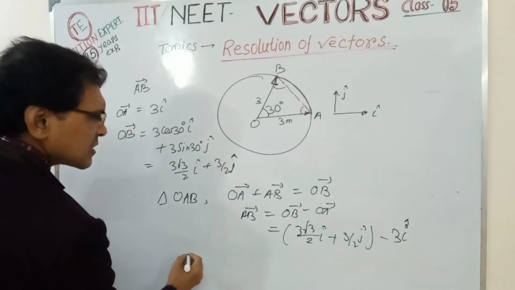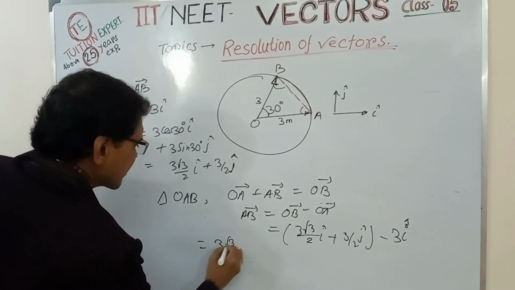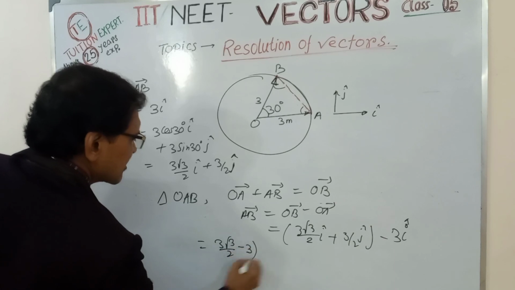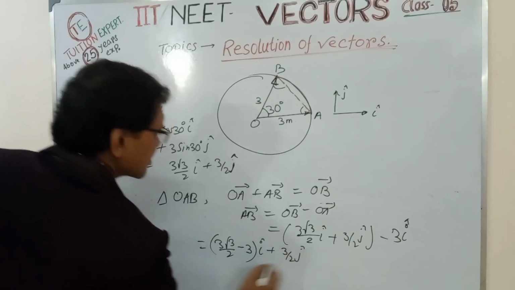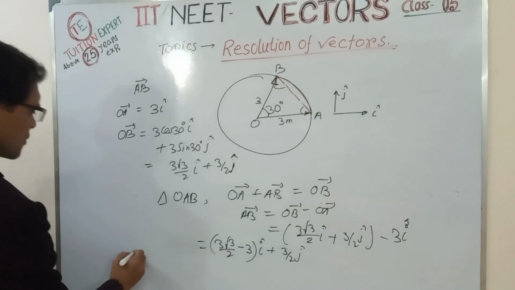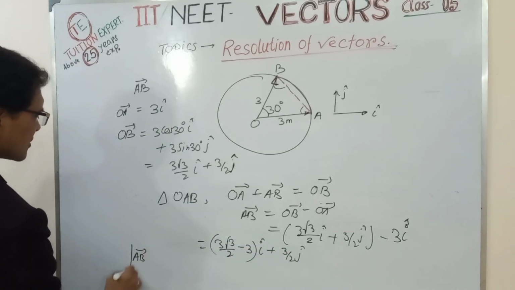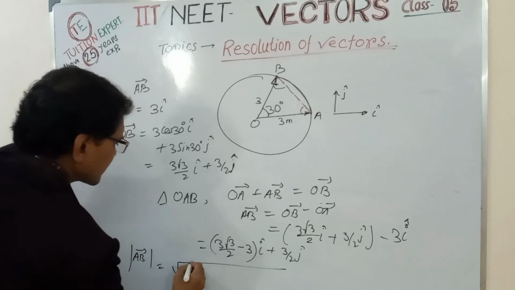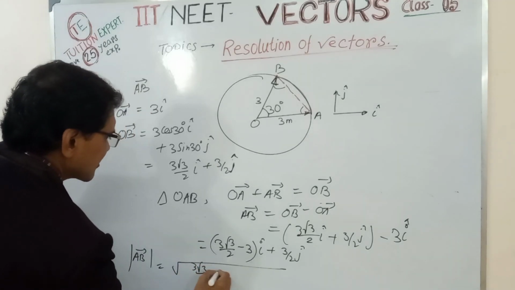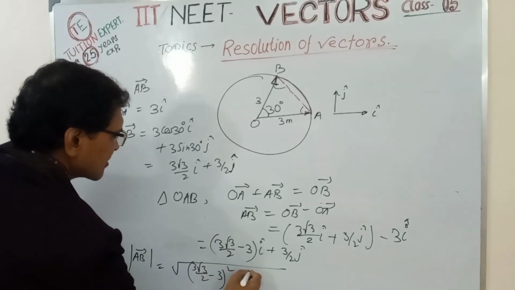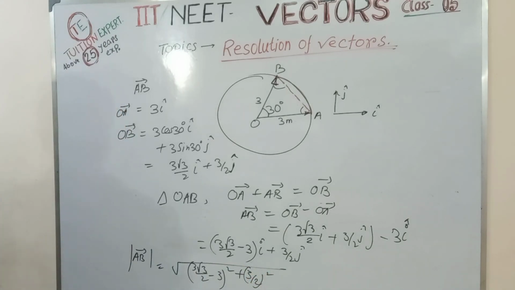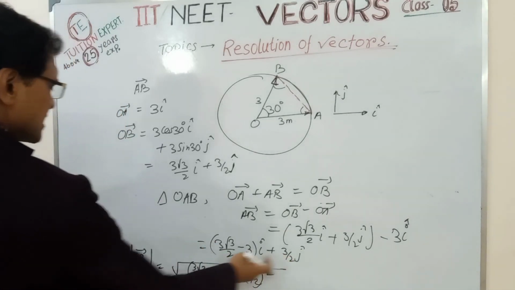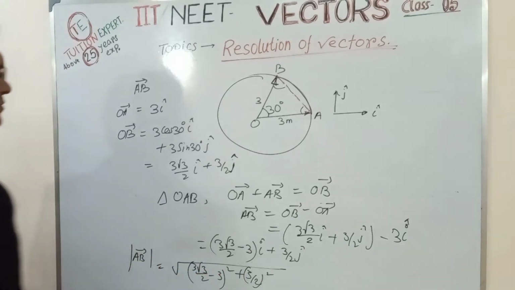So the AB vector is this, and we can find the magnitude as the square root of this.